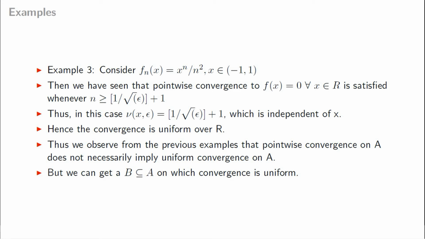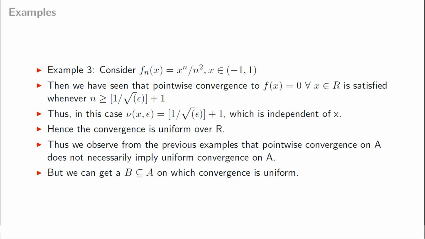So in this case it is very clear that we automatically get some choice of nu x epsilon which is independent of x, and hence the convergence is uniform over the open interval -1 to +1.